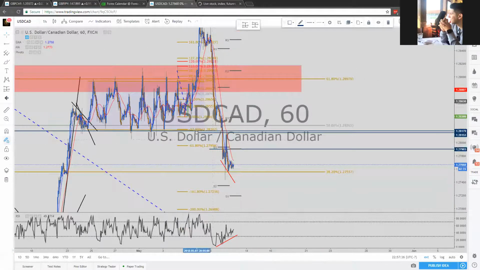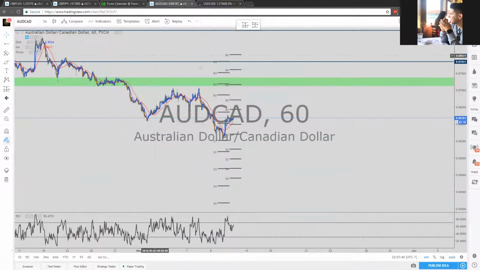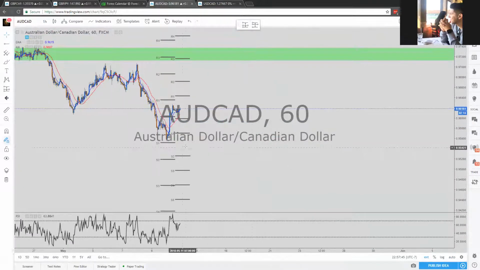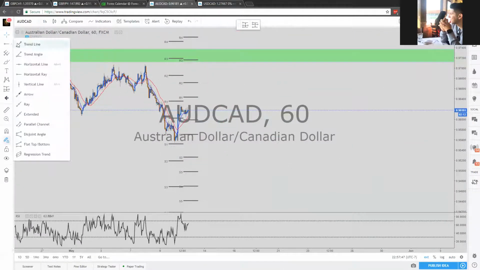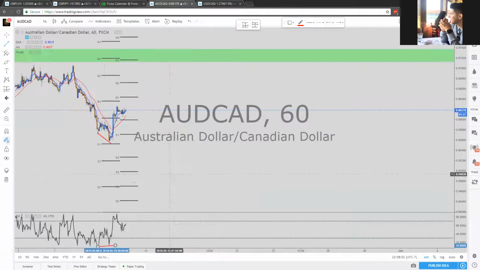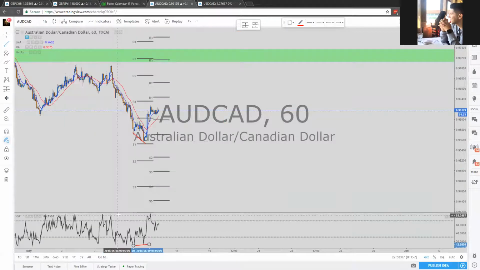Let's see. AUD CAD. So on this one, while it did that bottom here, we can kind of see slight divergence, but right here it's showing that it was dropping really low. Right here we're showing some slight divergence, meaning that the price is getting stronger.